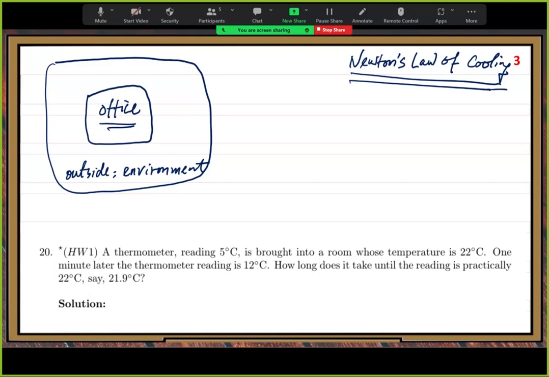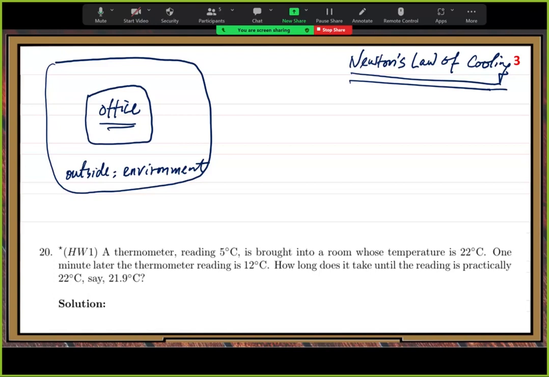Outside, open air, that's the environment. So the environment brings down the room temperature, right? The outside temperature is colder than the room temperature. The room temperature is higher. So the outside temperature brings the room temperature down, closer and closer to the outside temperature. So we set up the equation, Newton's law of cooling. The outside environment makes the room temperature cool, right? That's the understanding.